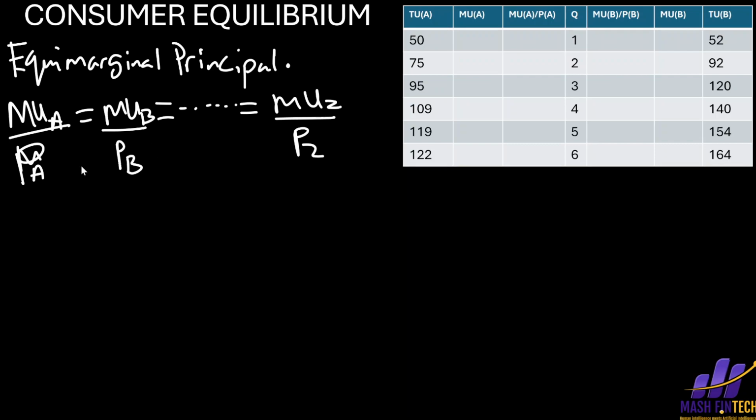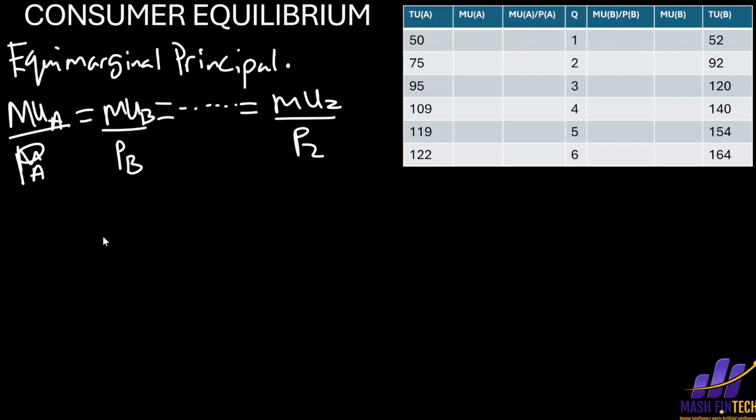So we are assuming 2 products. In our case, we are going to assume that this person has a combination of apples and bananas, A and B. Those are the 2 products the consumer wants to consume.